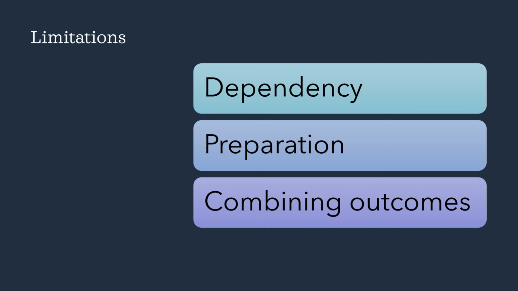So if one programmer is waiting for another programmer to finish their work so that they can start, because for some reason they need their results, then we can't use concurrency because they're literally waiting. And the same thing happens inside a computer if one process is waiting for the result of another process.